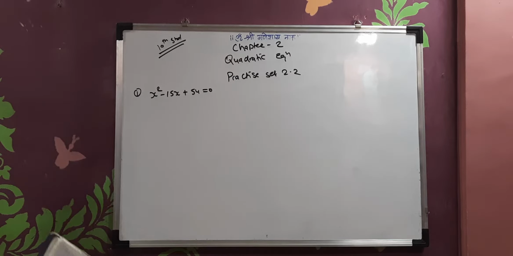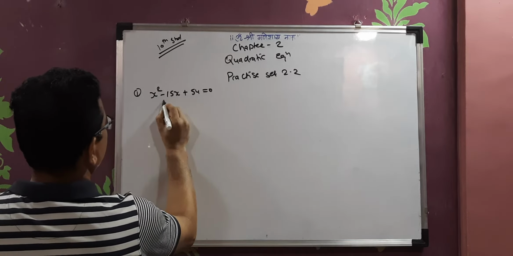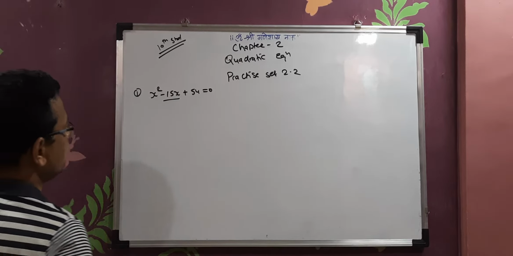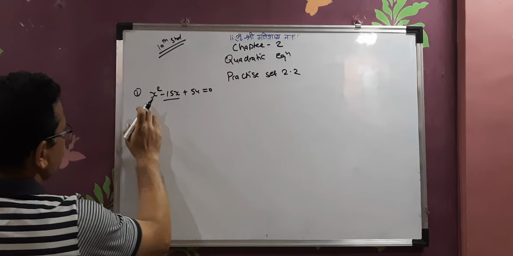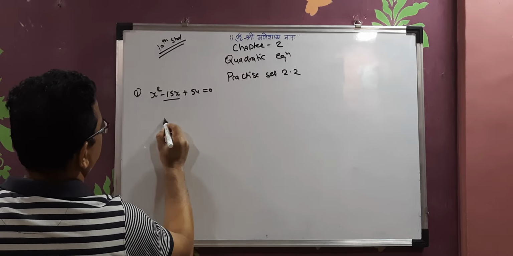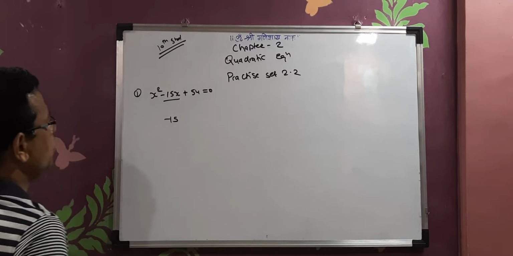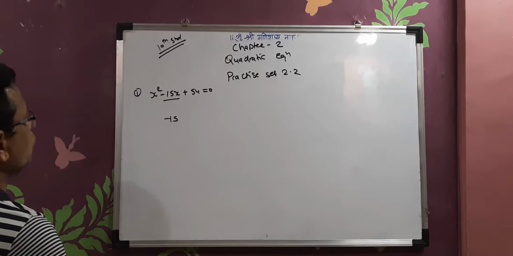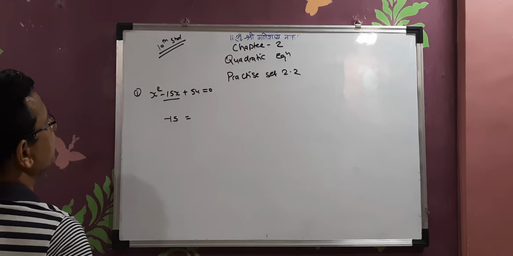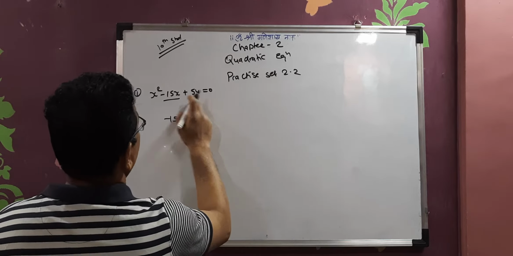So we have to split the middle term to get two new terms whose product should be equal to the product of the quadratic coefficient and the constant, and whose sum is minus 15. How to solve this problem? We will have to get the factors of 54.